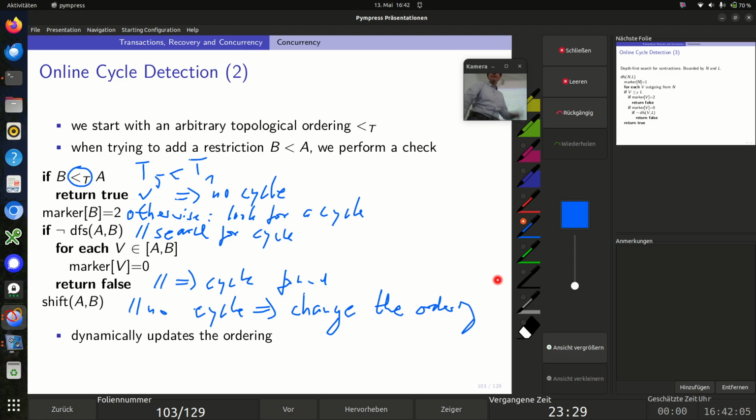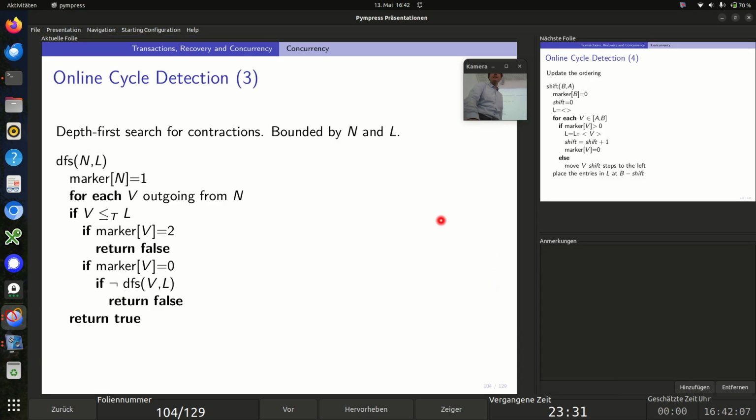So how the slides continue is, here we show the depth first search where we have marked some nodes and whether we reach an old one. Marker equals 2 means that we are already coming from the node, and if we come to a node that already has been marked, this means we have a cycle.